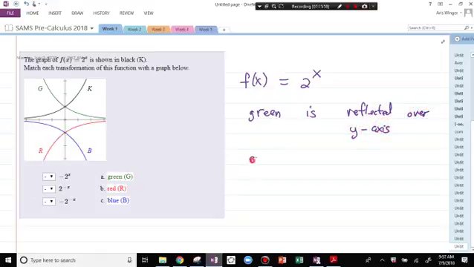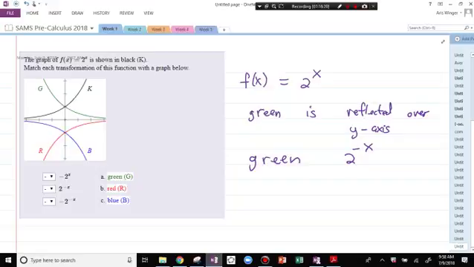That means that for the green you need to put a minus sign on the inside of the function. A minus sign on the inside of the function reflects it over the y-axis, right? So that's a horizontal reflection.